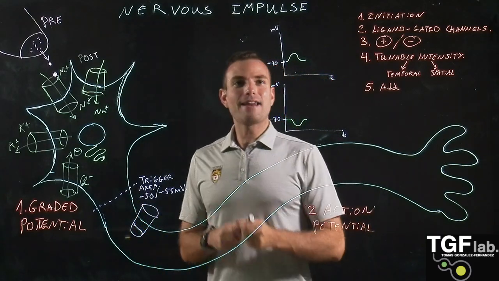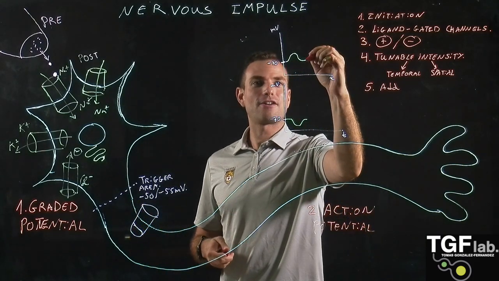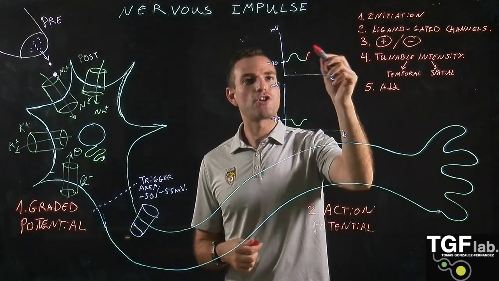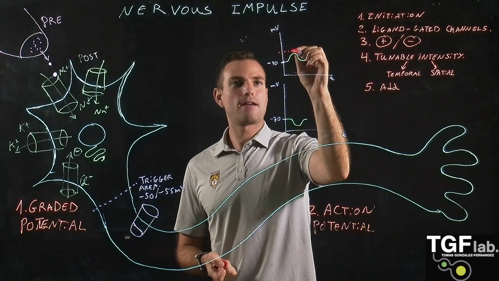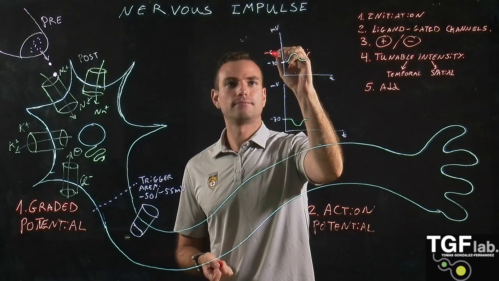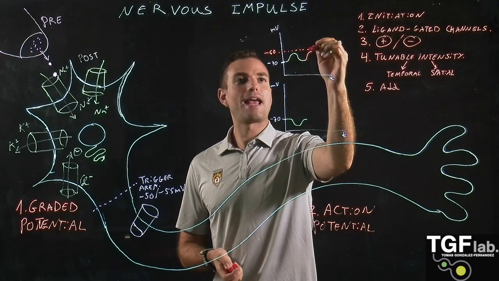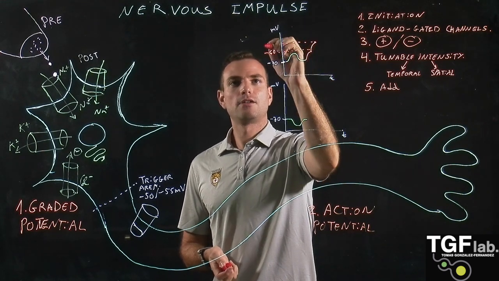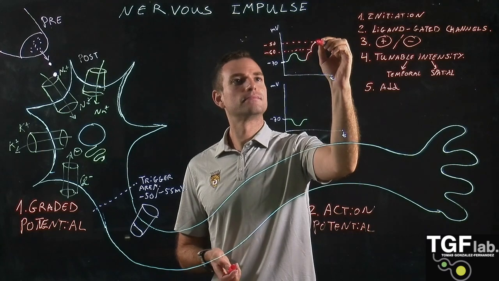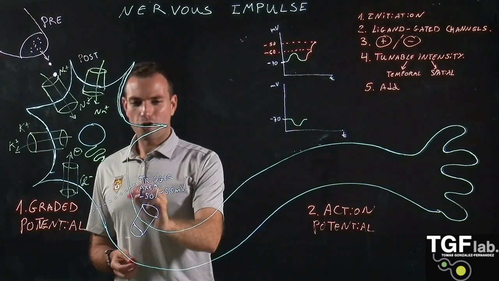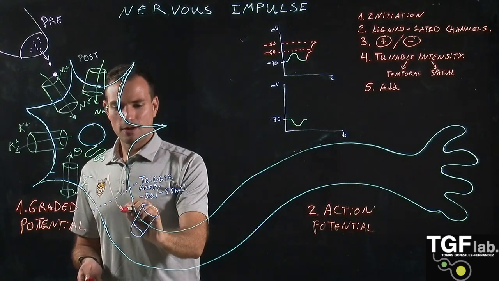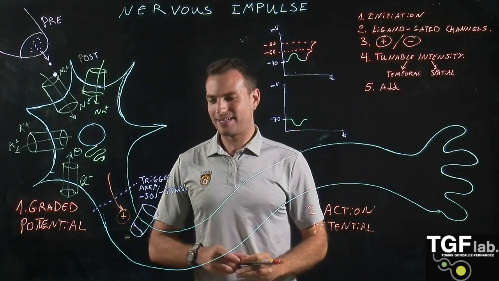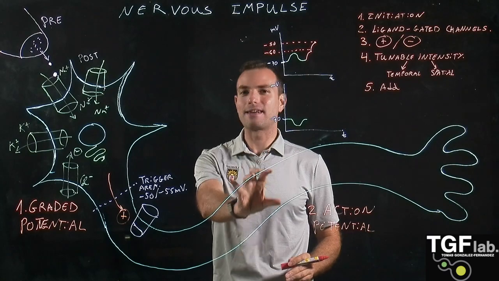Let's say that we have one sodium channel, which is going to increase the potential to -60. Then if we have another, we have an addition to -50, and then we are going to be able to activate the action potential phase here in the conduction phase.